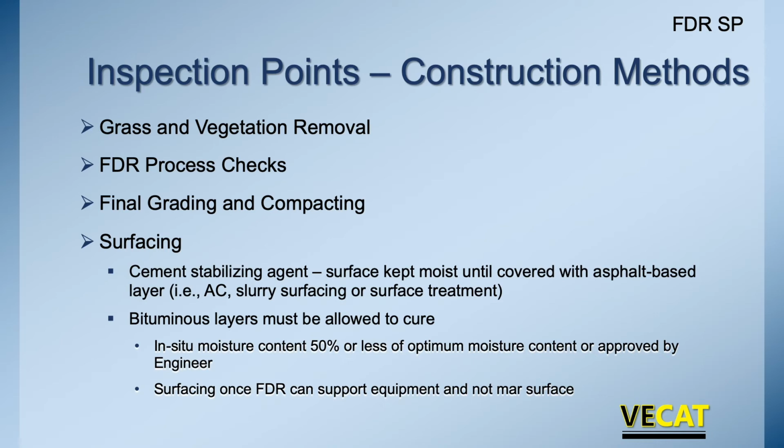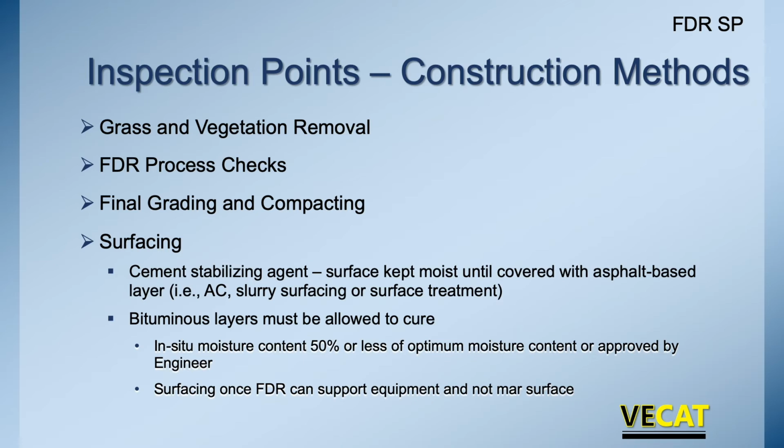So let's talk about those inspection points. As we've gone through the process, what are the things as an inspector you need to be clear on? We talked about grass, the FDR, final grading, compacting. Now let's talk about the surfacing. If we're using a cement stabilizing agent, we got to keep it moist until we cover it with an asphalt-based surface.